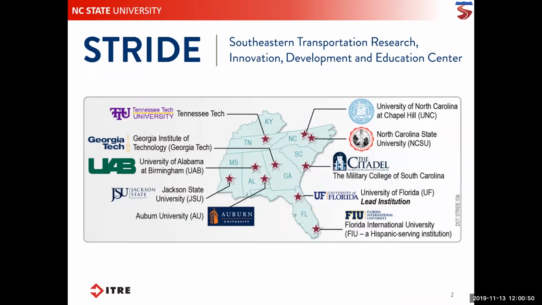The mission of the center is to develop novel strategies for reducing congestion, and that also jives well with our project that deals with incidents and their impact on congestion.